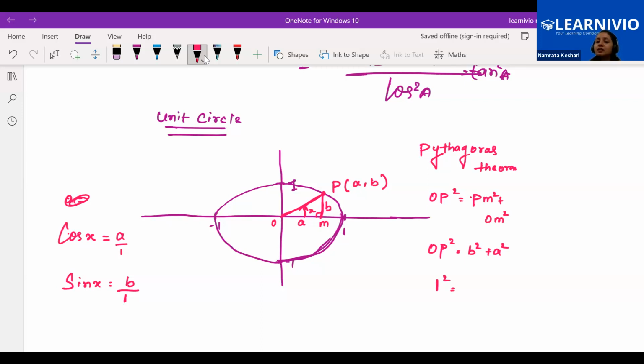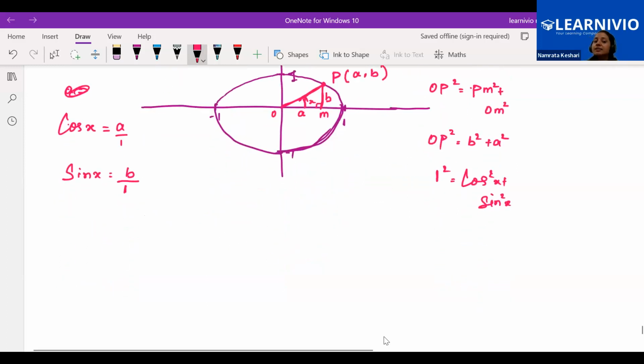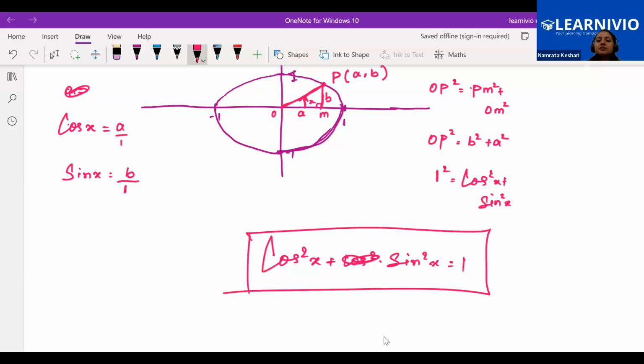So 1 square is nothing but cos square x plus sin square x. We know this identity from the previous class, cos square theta plus sin square theta, or sin square theta plus cos square theta, the result will be 1, right? So this much discussion we have already done in our previous class.